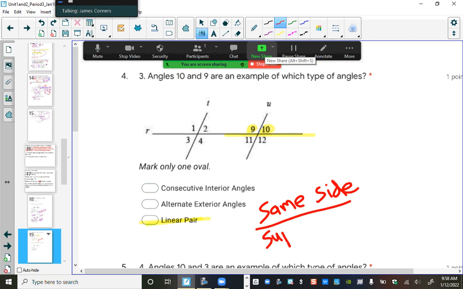Supplementary. Supplementary means they add up to 180. So, good job.